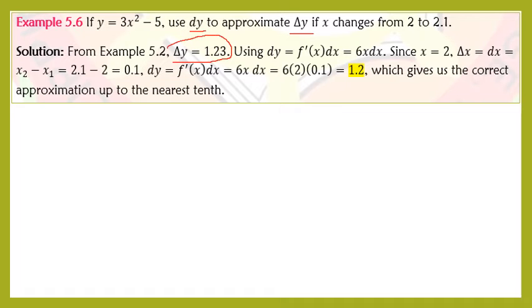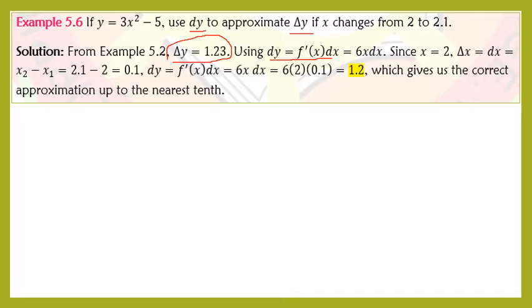So using dy equals f prime of x dx, ito yung formula sa previous slide, definition 5.4. So, ang derivative nito class is 6x, diba? 3 times 2 is 6. x to the power of 2 minus 1 is x na lang, minus 0 man.